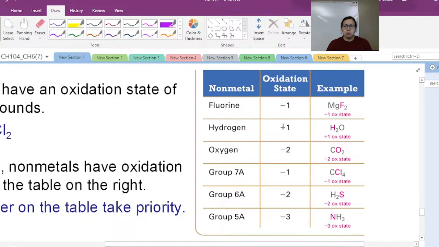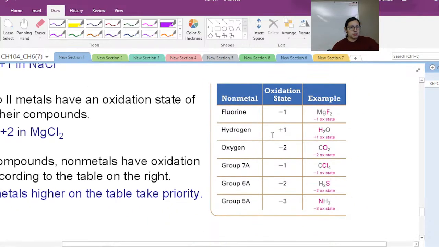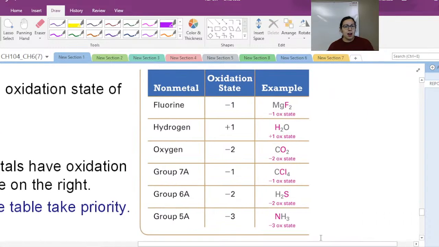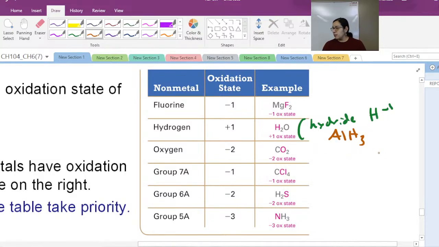Hydrogen is usually +1, but there is an exception: the metal hydrides, or anytime you see the word hydride. That means it's H -1, which is unusual. So we could have aluminum trihydride, where hydrogen is -1, or any sort of metal hydride, so iron dihydride. We don't see too many examples of this, but just be aware of that.